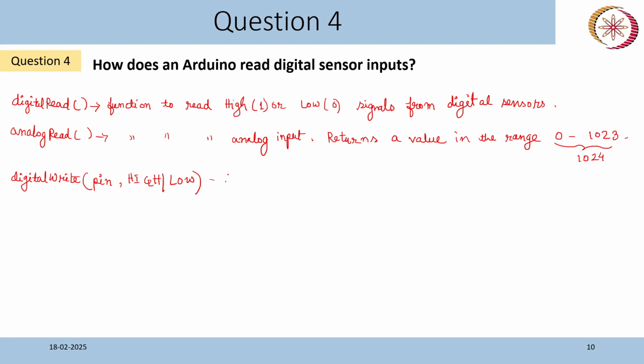What it does is set a digital pin to high. High means it will provide say 5 volt from the Arduino, and low is 0 volt.